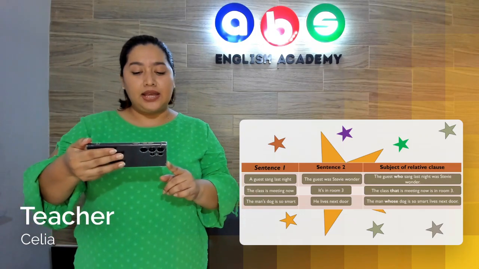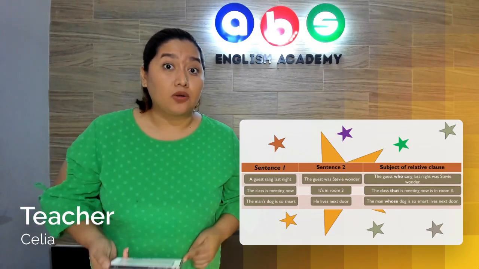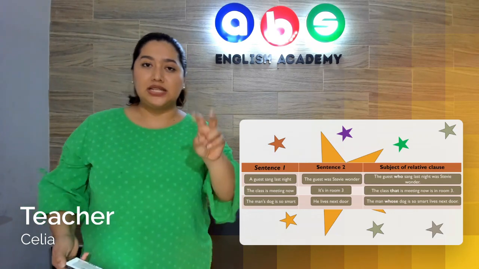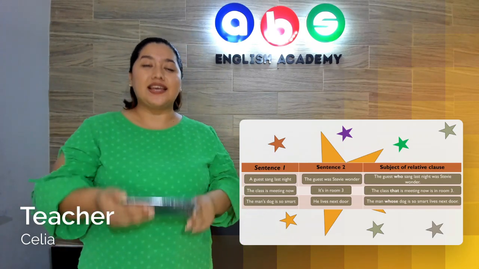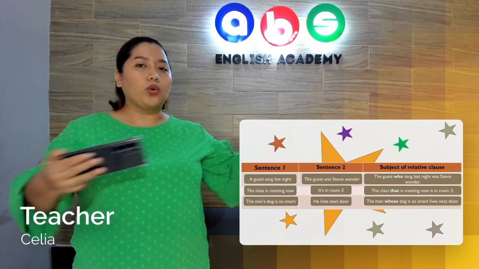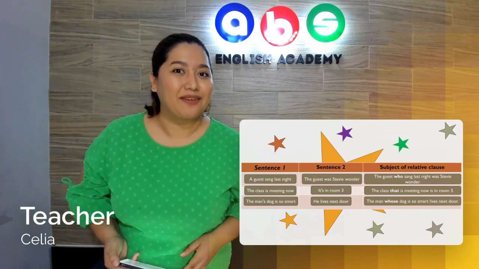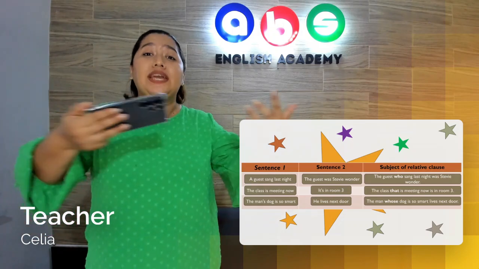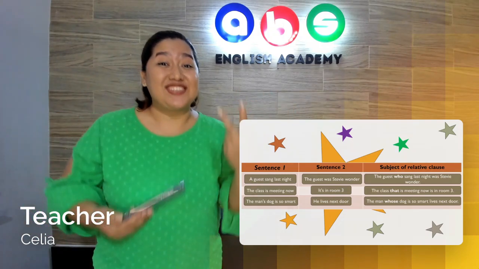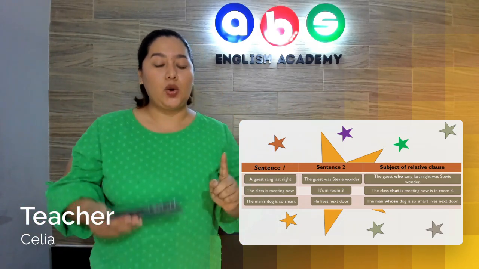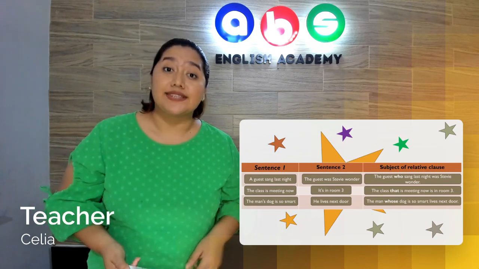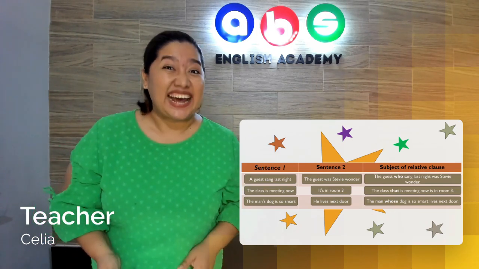Sentence 1: the class is meeting now. Sentence 2: it's in room 3. Okay, those are familiar ideas because we're talking about the same topic, right? How can we relate or match these two ideas into one? Okay, we're talking about the class. The subject here is the class.